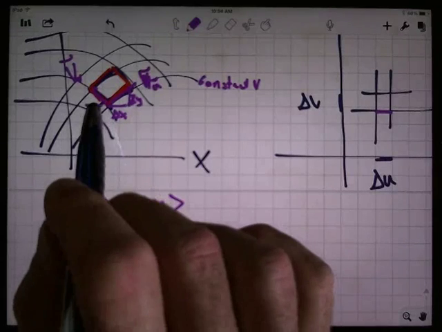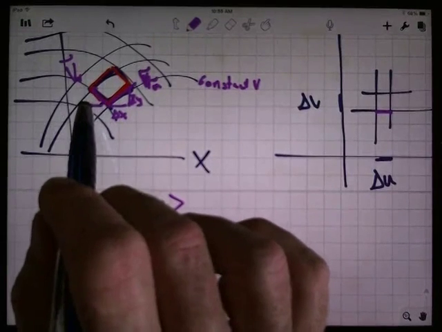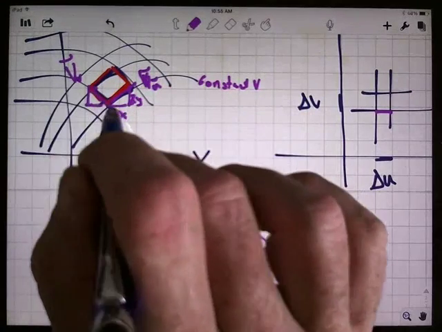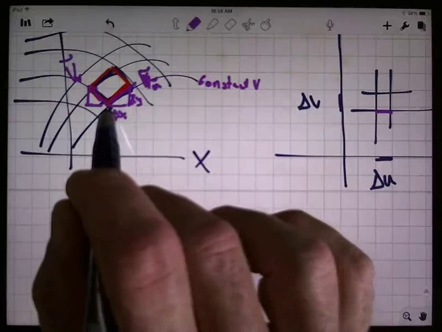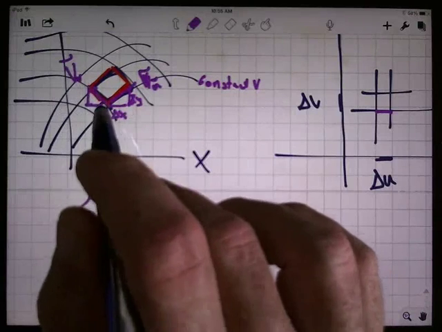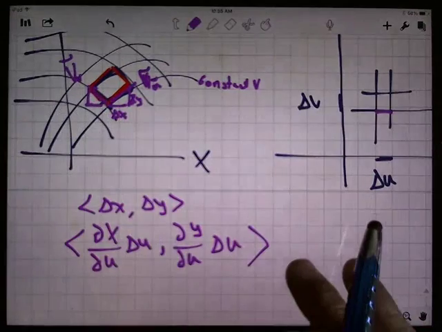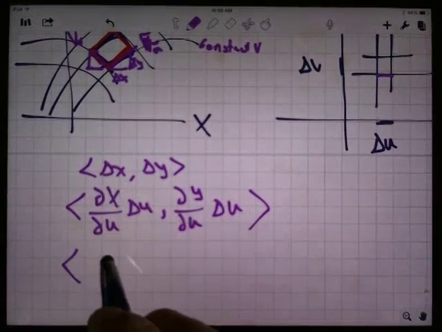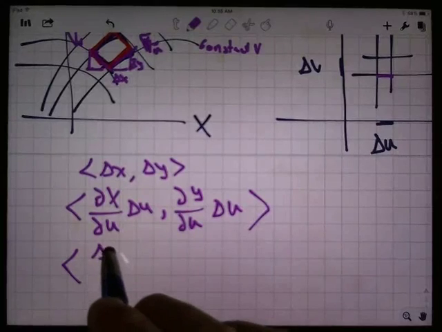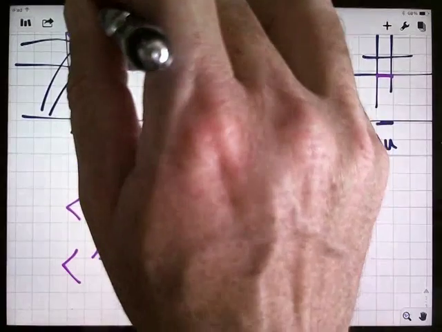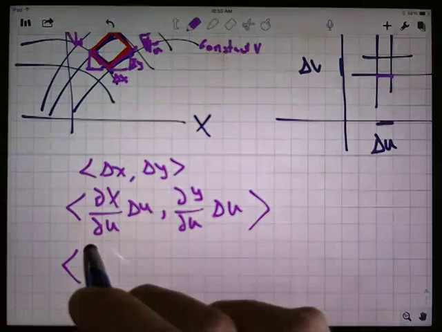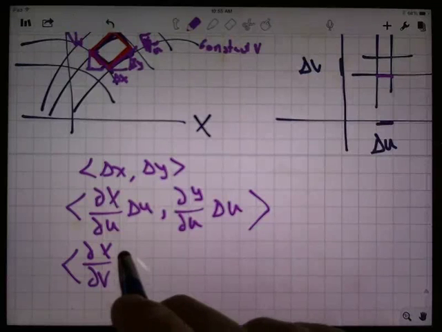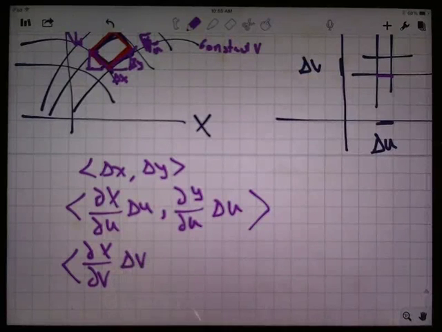You're going to have a change in x. You're going to have a change in y. The change in x now is because you're moving along this curve, and this curve is going to have, instead of v being a constant, u be a constant, then you're changing just the variable v. So that vector over there is similarly going to be a delta x, delta y, but this time you're taking a partial derivative of x with respect to v and then saying, but I'm changing v by a little bit.